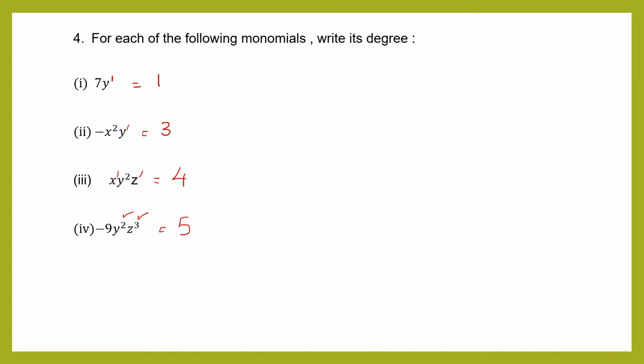So that's how we write the degree of monomials. Question 5. 3 plus 4 is 7. So I'm counting the powers. That's 7. Question 6. P, Q and R have powers. So 2 plus 3 is 5. 5 plus 4 is 9.